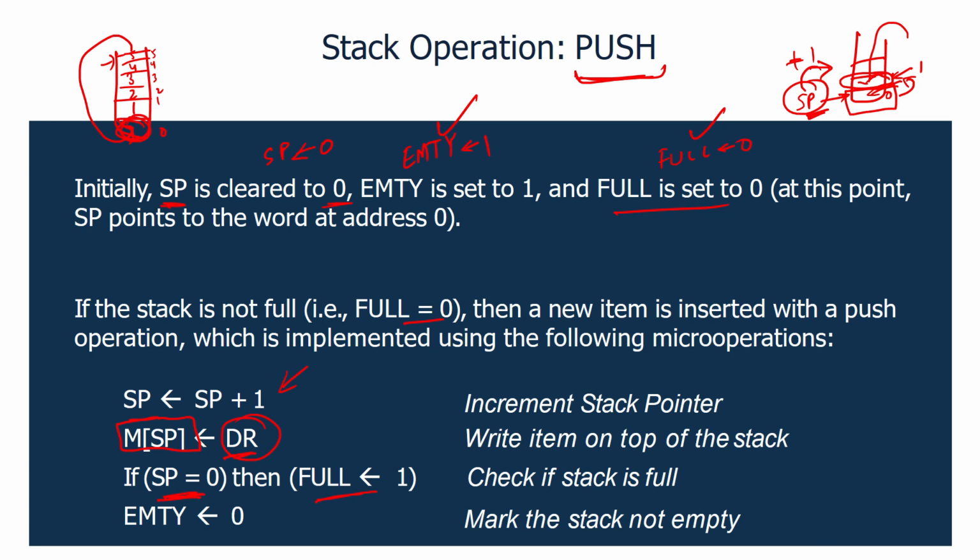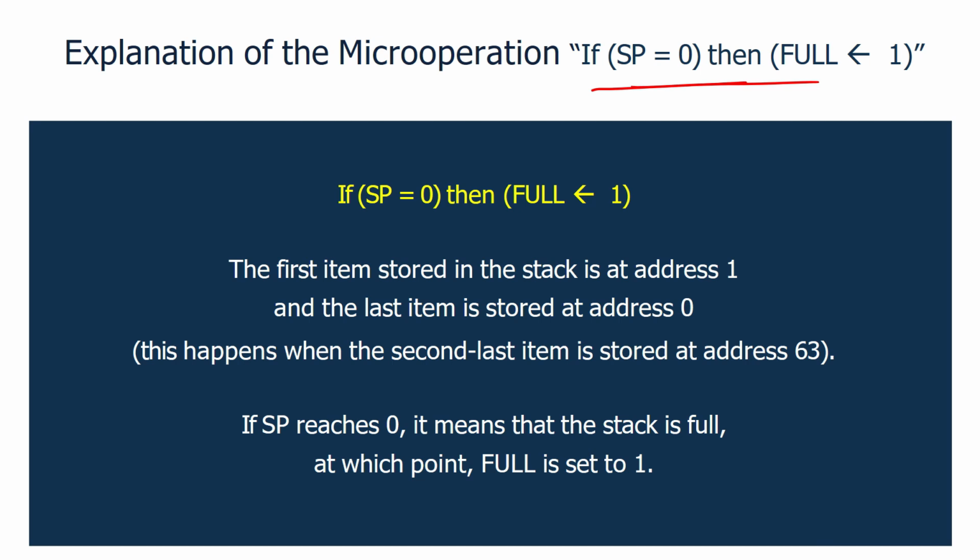So this means if my SP is 0, this stack can be full, and if it is full, it is not empty. Now what does this mean? If SP is equal to 0, the first item stored in the stack is at address 1, which I told you, and the last item is stored at address 0.